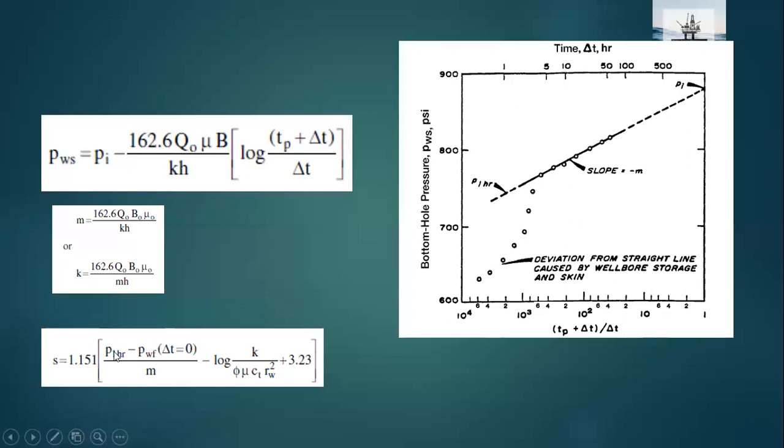But why are we calculating the skin factor using pressure at 1 hour and flowing bottom hole pressure at ΔT = 0? First of all, I will explain why we measure pressure at 1 hour. Immediately after shutting the well, pressure starts to rise.